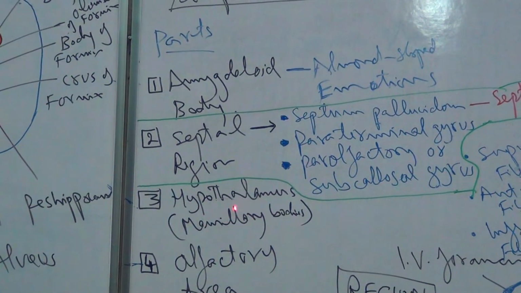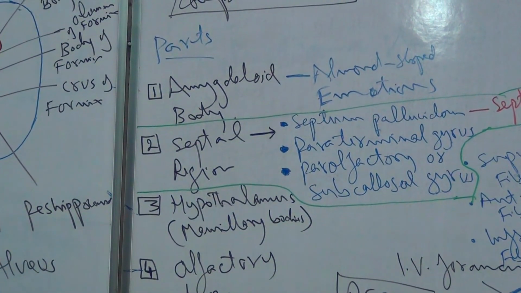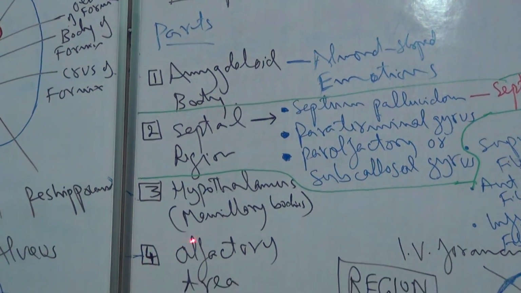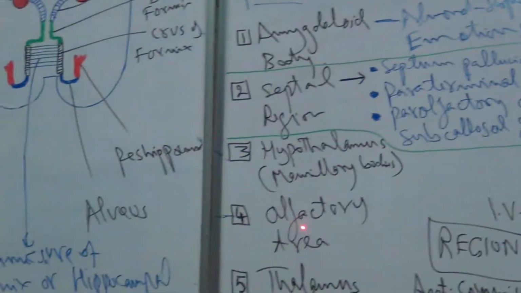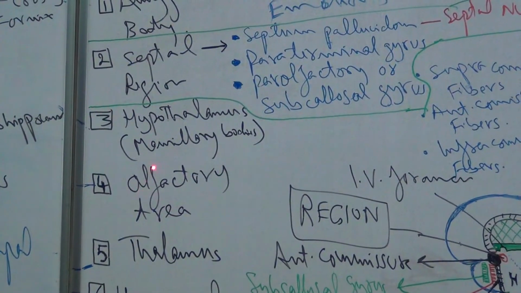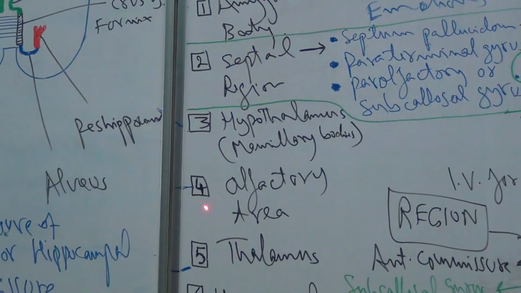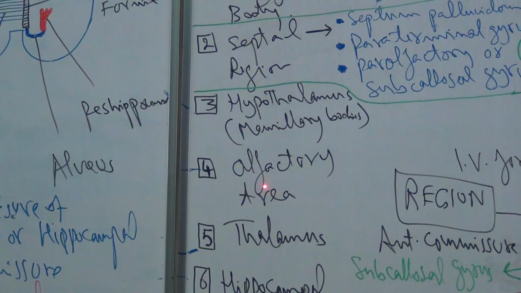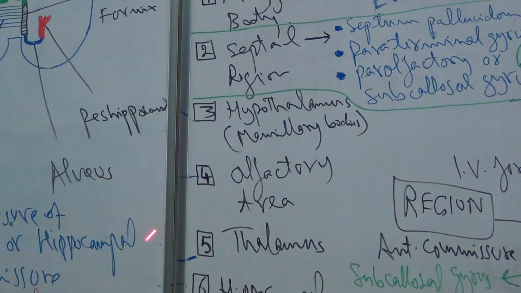Then mammillary bodies are concerned with homeostasis of the body, and rhinencephalon has a very negligible role in human beings, but in animals it has a very important effect. Sense of smell has a very important effect on the emotions of the animal.